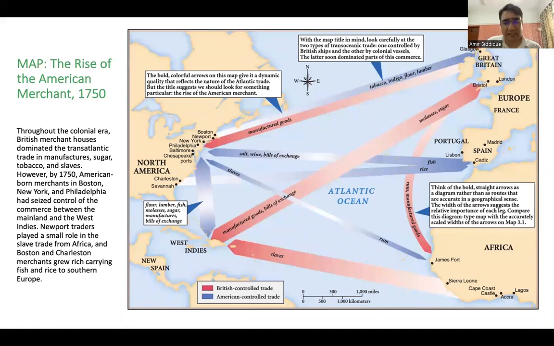So as you can see, this arrow goes from the 13 colonies to Great Britain. The ships would take these raw materials, tobacco, indigo, flour, and lumber, which is wood, from the 13 colonies into Britain, right?